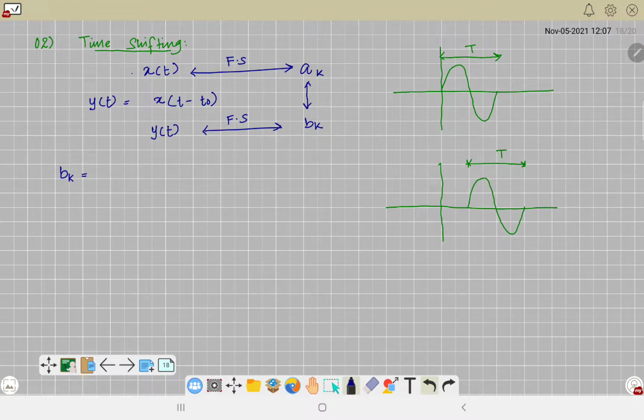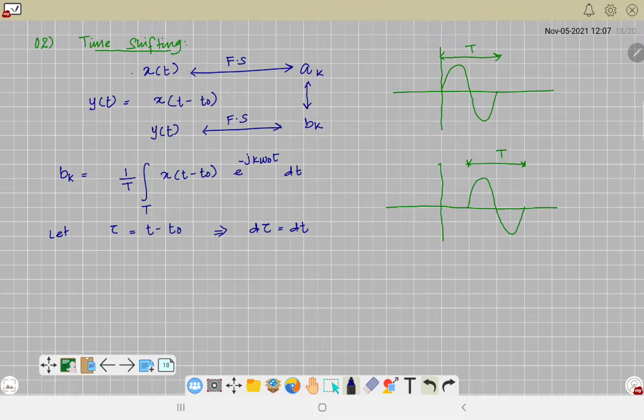Now b of k can be calculated using the conventional integral over the time period T, because y of t is x of t minus t naught, and we have e raised power minus jk omega naught t like this. And if I make a small substitution, I define a parameter tau as t minus t naught. And if I take the derivative on both sides, d tau is equivalent to dt.